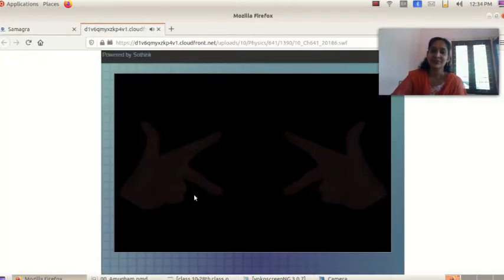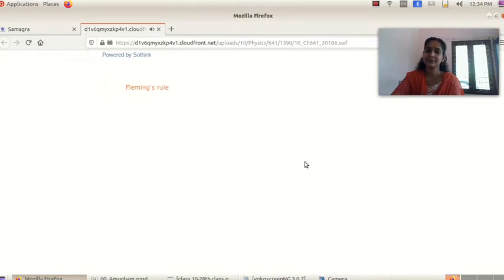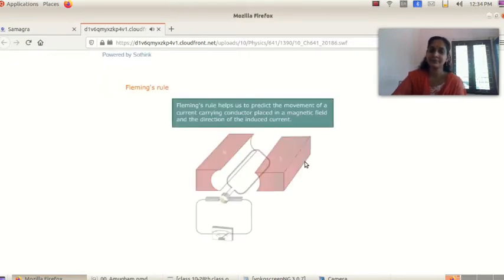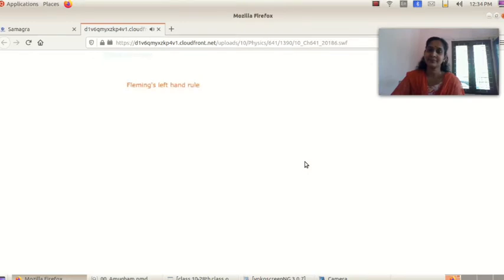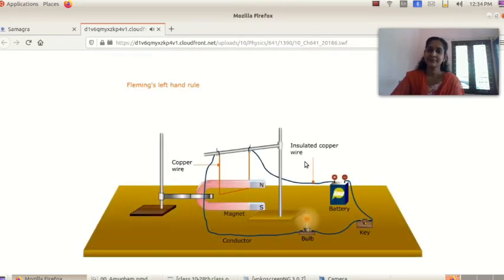We can watch Fleming's rule. Fleming's rules help us to predict the movement of a current carrying conductor placed in a magnetic field and the direction of the induced current. Fleming's left-hand rule. When a wire carrying electric current is placed in a magnetic field, the magnetic field induced by the wire reacts with the applied magnetic field and the wire experiences a motion.